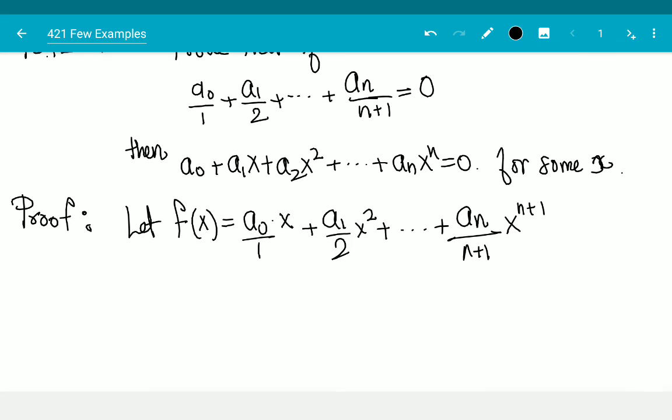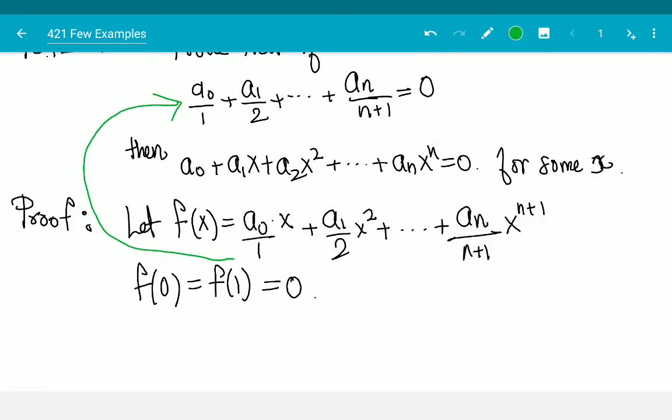Okay, then f of 0 is equal to f of 1 is equal to 0, right? f of 0 is 0 because every single term has an x. f of 1 is equal to 0 because if I plug in 1 instead of x, I get exactly this, right? f of 1 is exactly this.